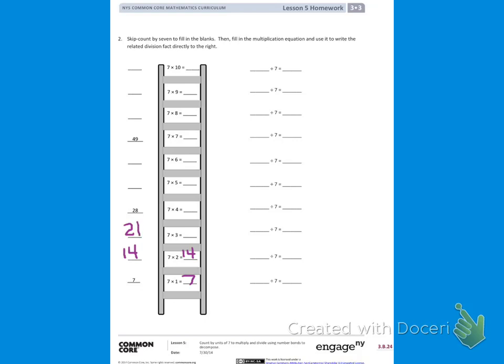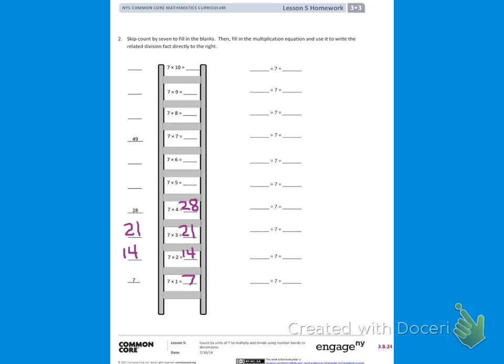So 7 times 3 is 21. And if you skip count and add another group of 7, then that makes 28, which is written for you. And 7 times 4 is 28. I'm going to let you finish the ladder on your own.